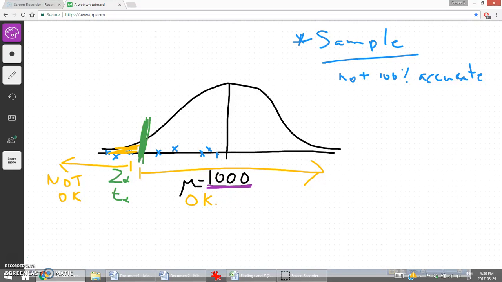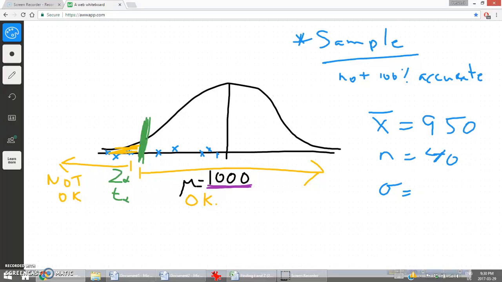Now, in order to carry out this hypothesis test further, we need to collect the data, as this consumer did. This consumer found that on average the light bulbs lasted 950 hours. He tested 40 light bulbs, and the population standard deviation is known to be 100 hours.